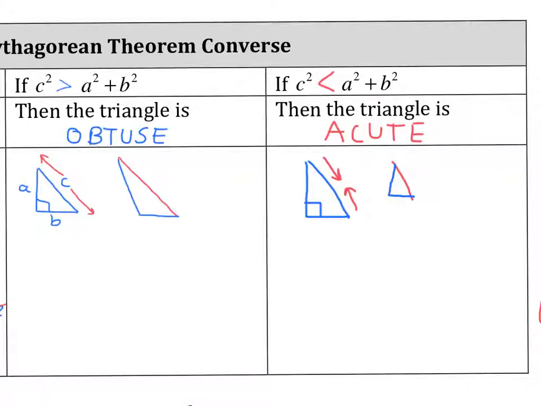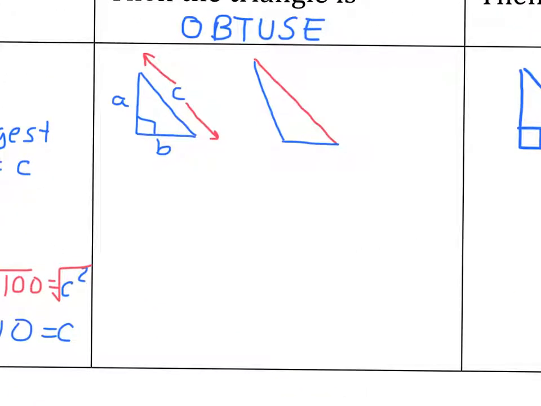So let's try some examples. Number one, if I had a triangle, not drawn to scale, and this was a 4 here, a 4 here, and a 6 here. So what would we have? Well, clearly this is my longest side there.